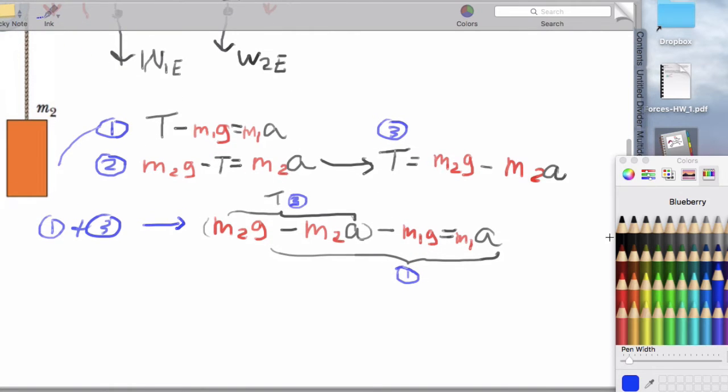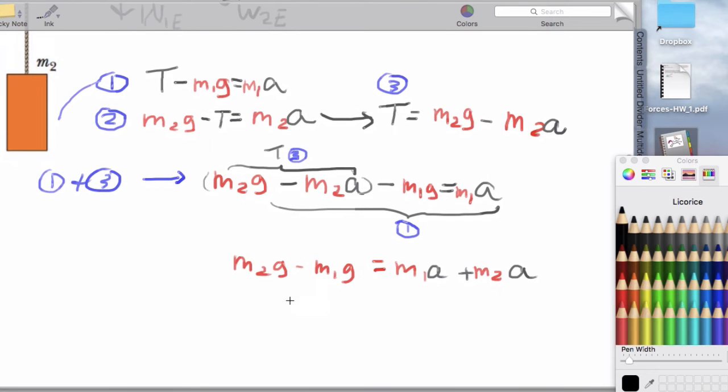Now I'm going to isolate A. When I do that, I'm going to actually end up getting M2G minus M1G equals M1A plus M2 times A.